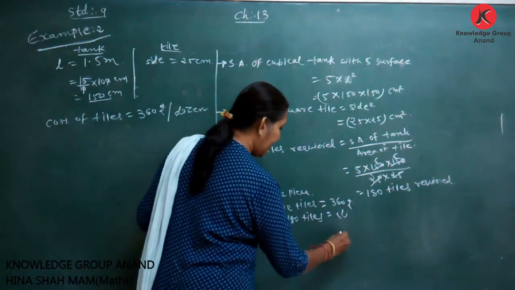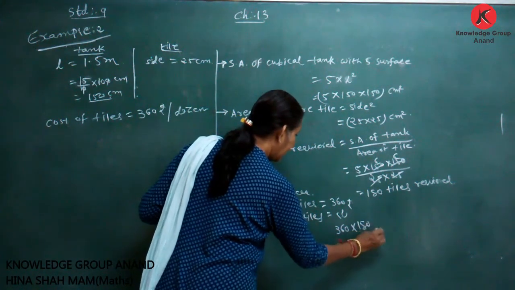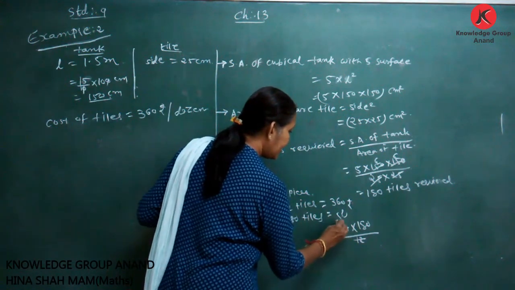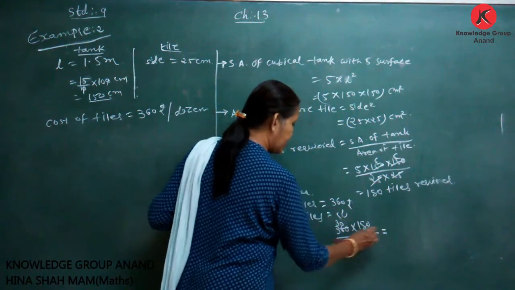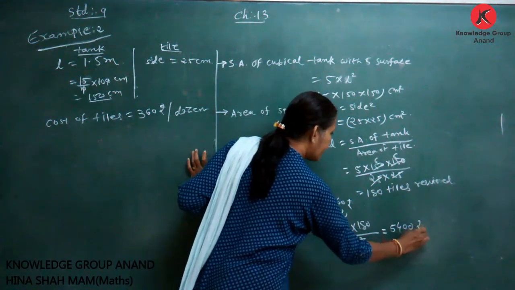Then we multiply 360 multiply 180 upon 12. 12 3s are 36, 0, then 18 3s are 54, so 5400 rupees.